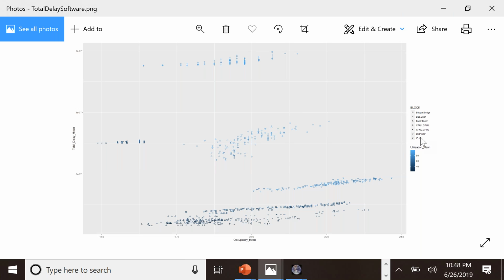So for example, when I look at my utilization, you can see right here, this is the processor, the CPU1, and you can see it's got not only the highest delay, but also has the highest utilization when you look at the colors. While right down here, the lowest delay ends up having the lowest utilization, which is kind of an interesting phenomenon that you can utilize to make decisions on your specification.